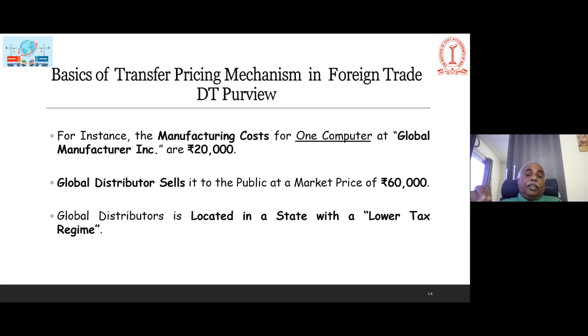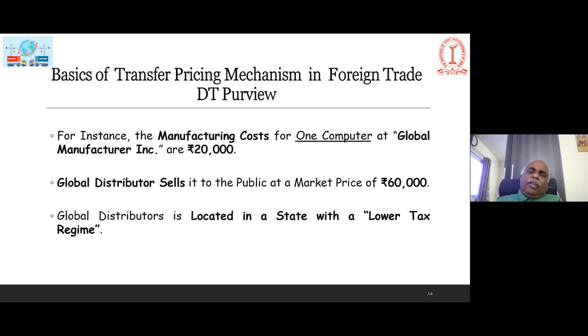Global Distributors is located in a state with a low tax regime. Taxes are not uniform across the world. Some countries are tax havens, and some countries have high taxes. Government revenue is very important for development activities. Some countries have lower tax because they want to motivate prospective entities to start their business.